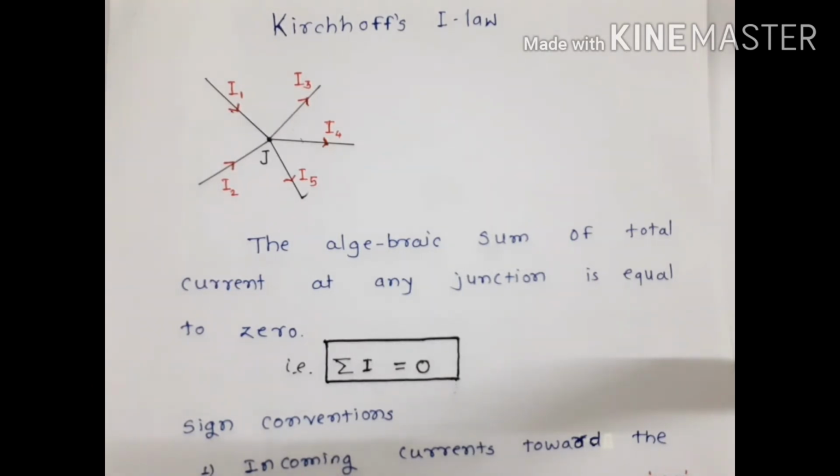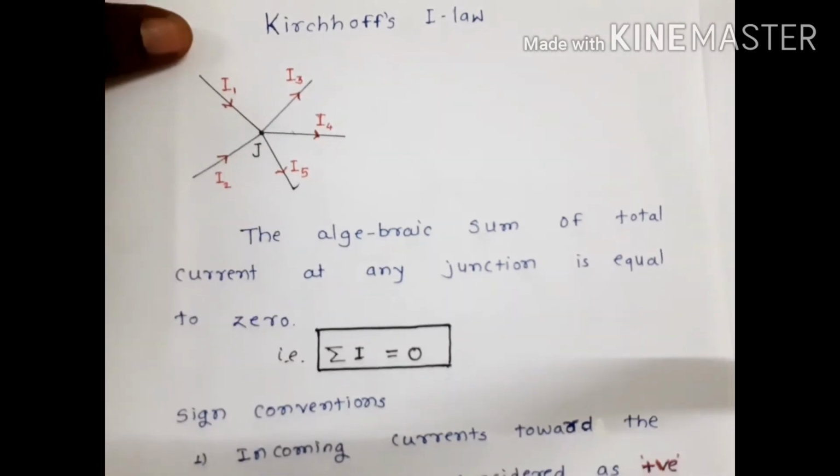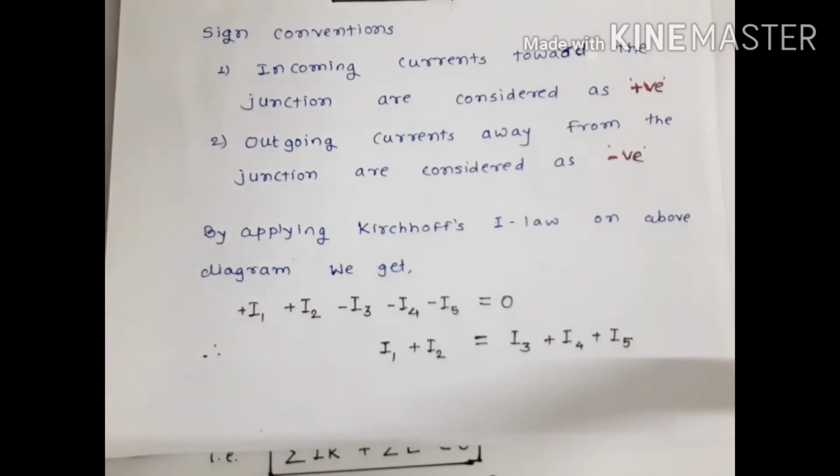By applying these sign conventions on this diagram, we get plus I1 plus I2 minus I3 minus I4 minus I5 is equal to 0. Here I1 and I2 are the incoming currents, and I3, I4 and I5 are the outgoing currents.